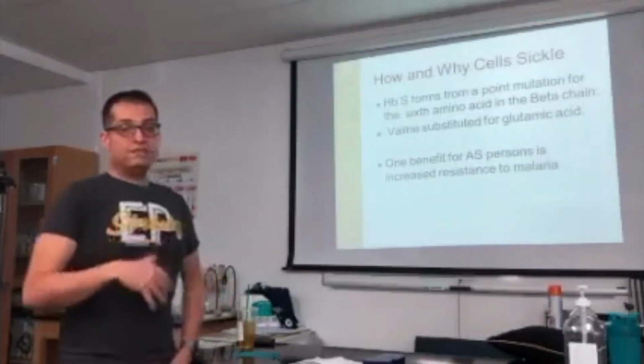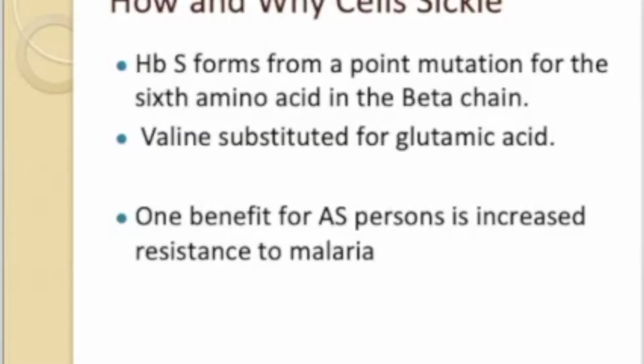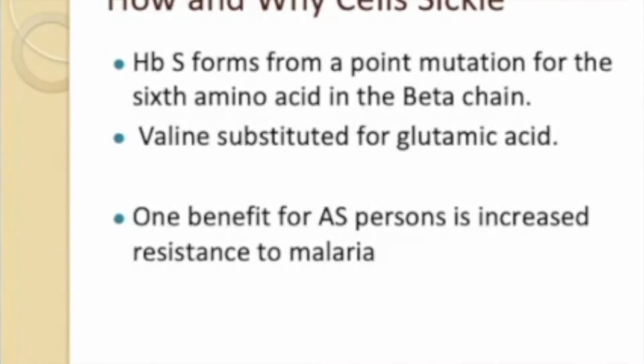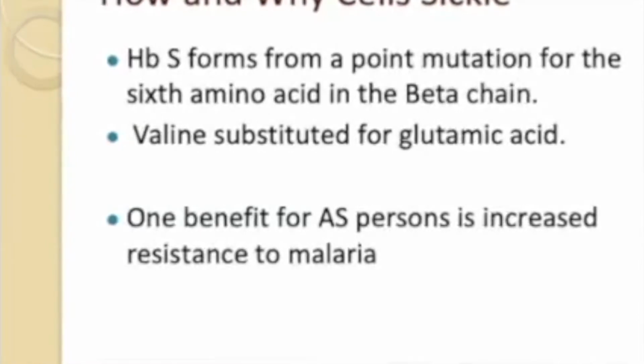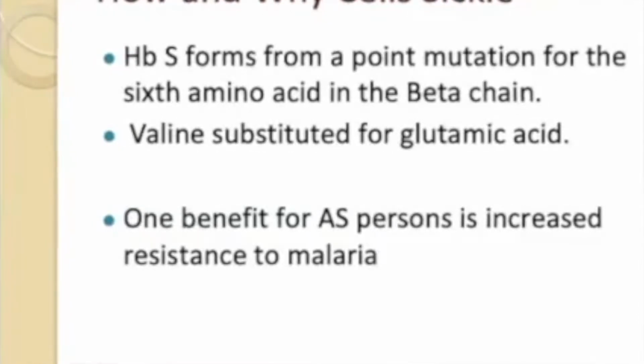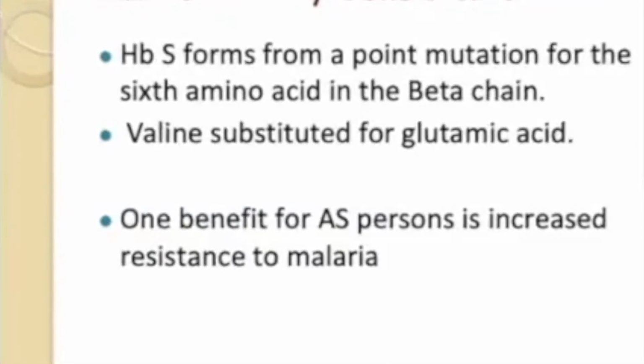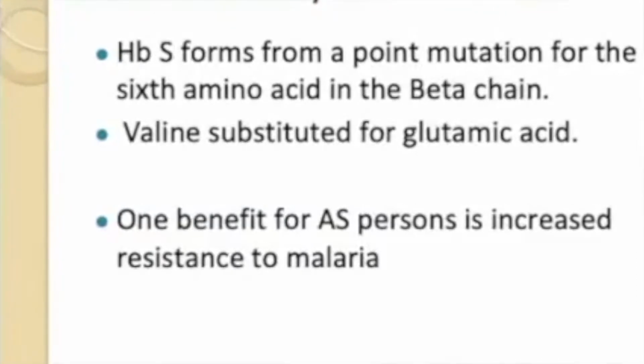So how and why do these cells sickle? Hemoglobin S is the type of hemoglobin carried by patients who have sickle cell trait or sickle cell disease. Hemoglobin S forms a point mutation at the 6th amino acid on the beta chain.